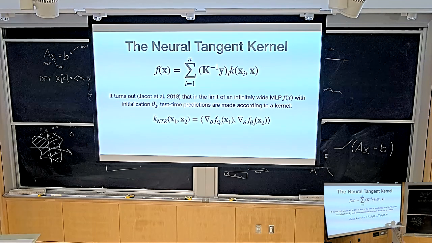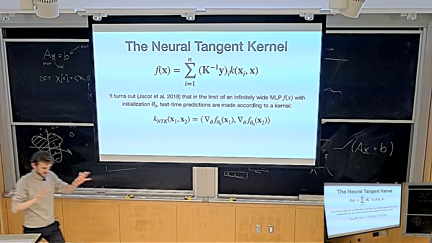Let's say the neural network has 1 million parameters. Then this would be the gradient of the neural network with respect to these parameters, a 1 million dimensional vector, at the input coordinate x1, dot product with the same vector evaluated at input coordinate x2.